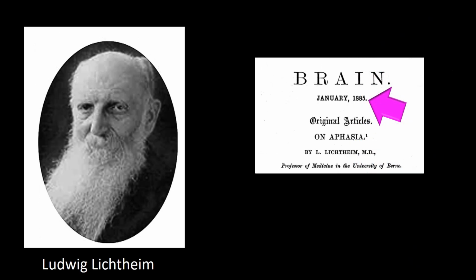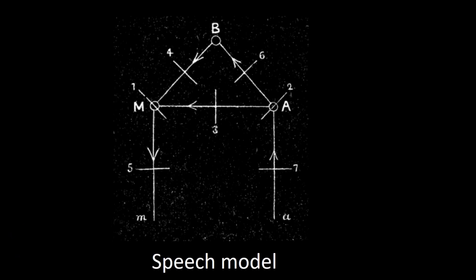About 10 years later, in 1885, Lichtenstein created, based on Wernicke's models, a revised version which has become the basis for the speech models currently in use. The speech model, the one we are currently using, is not perfect.